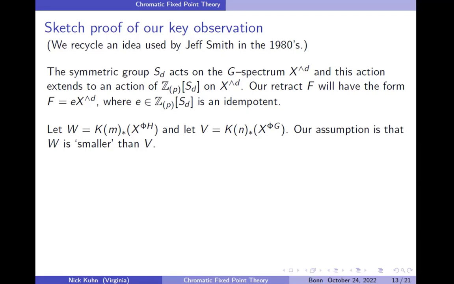They're both graded vector spaces over graded fields. Our assumption was that the dimension of W as a vector space over K_m was less than the dimension of V as a vector space over K_n. So W is smaller. It doesn't really make sense because they're over different fields, but that's what I mean.